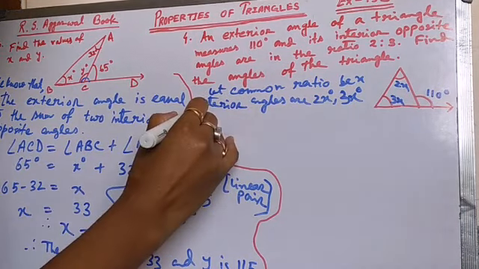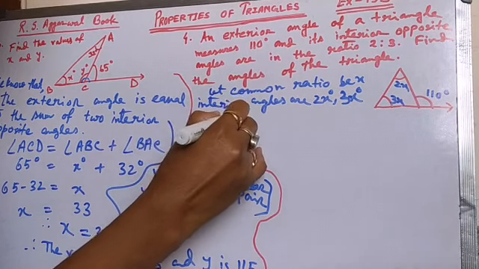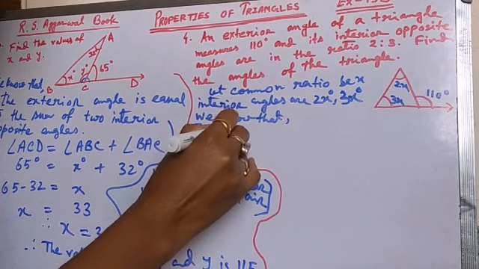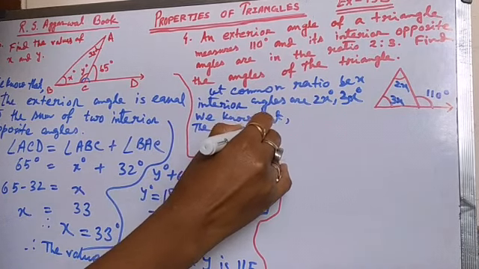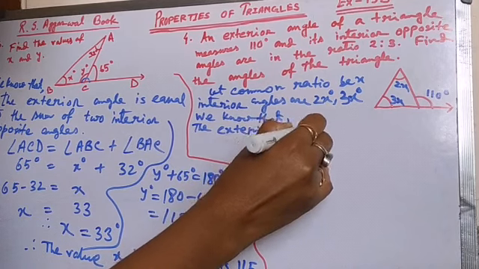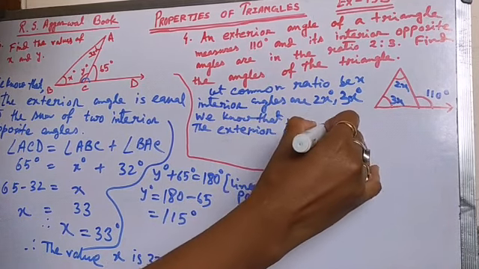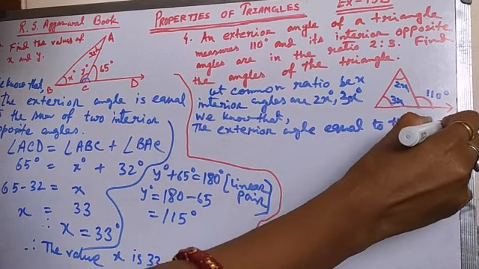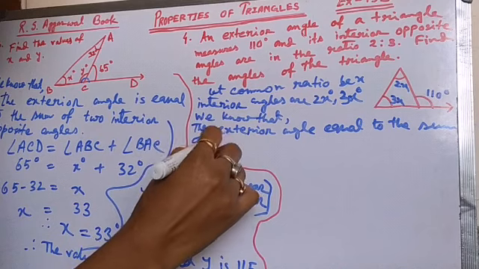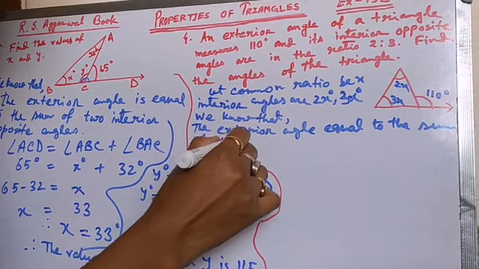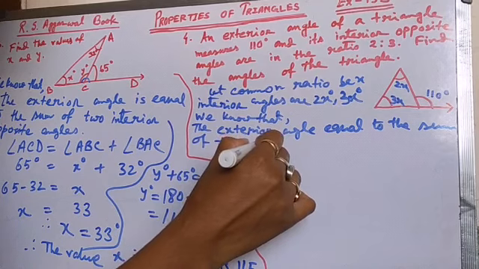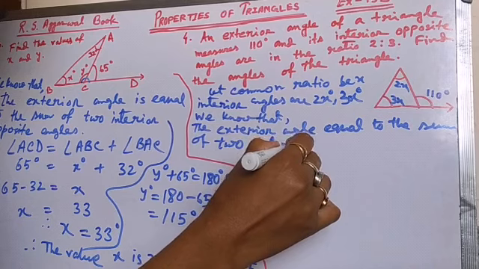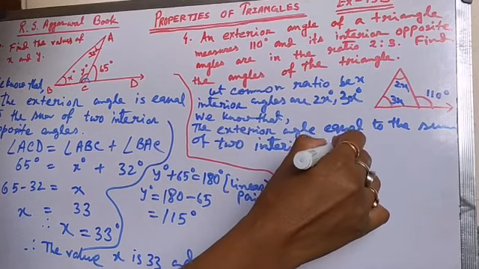Now we know that the exterior angle equals the sum of the two interior opposite angles.